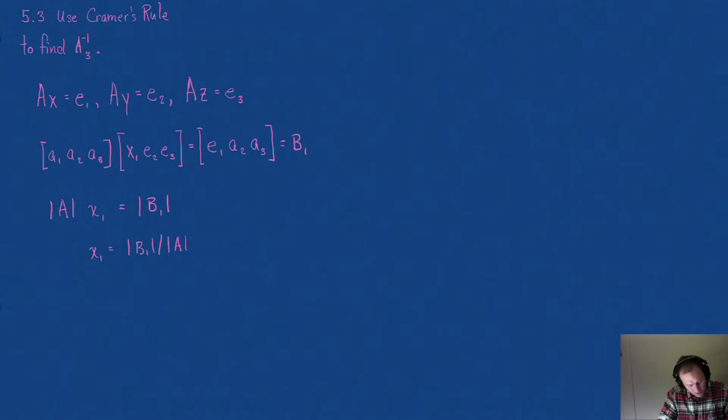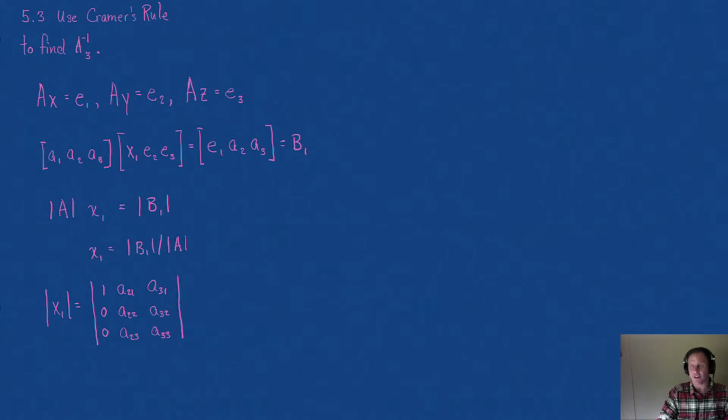So the determinant of that. The determinant of the matrix with first column e1, which is 1, 0, 0, then a2 is going to be a21, a22, a23, and then a31, a32, a33.